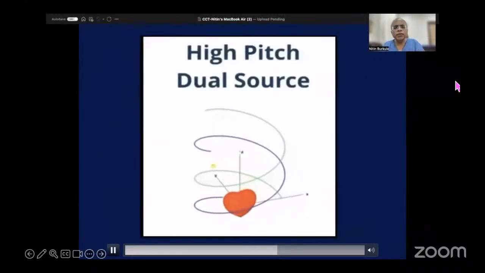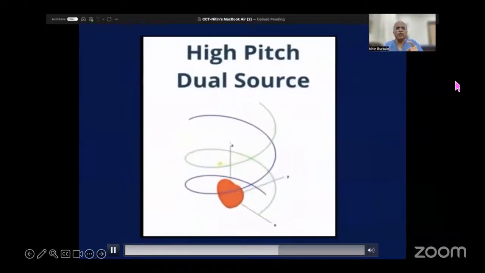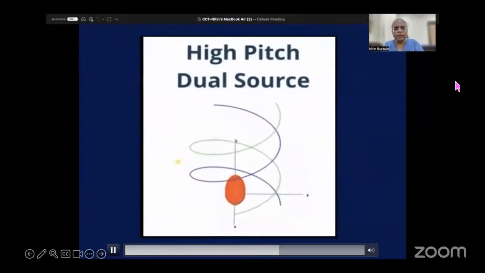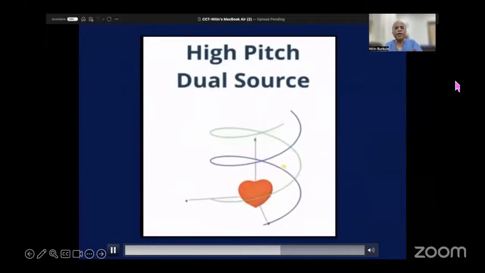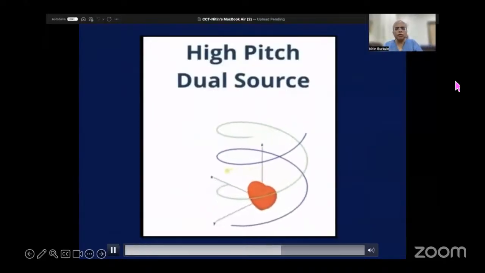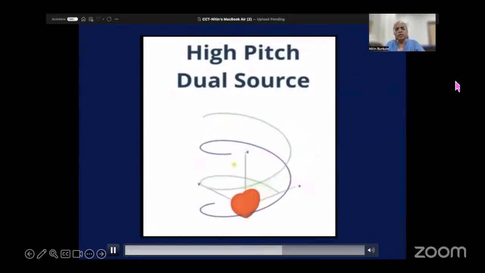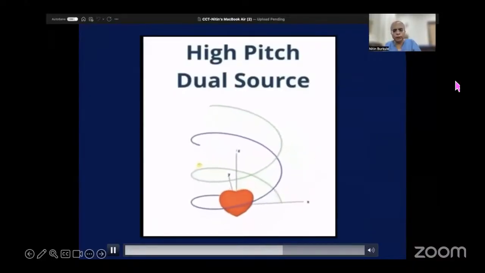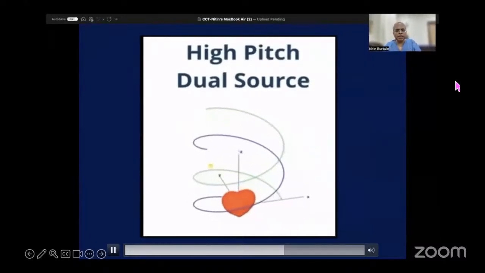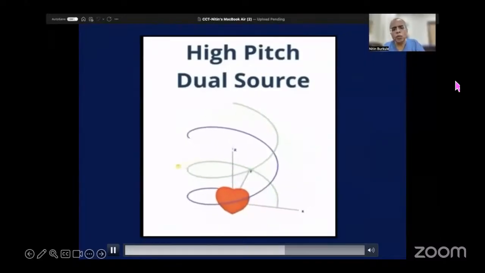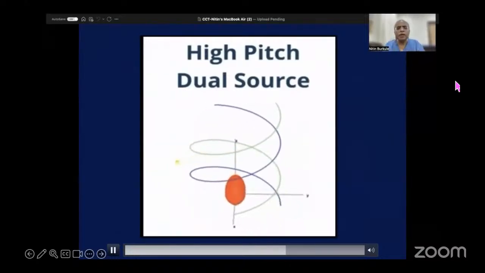Both the X-ray tubes have their own spiral detector pathway, and they complement each other. Each one is acquiring its data independent of the other, and they are filling up the space in between the spiral of the other tube. And that is why you can achieve very high pitch scanning of the heart in just one cardiac cycle.